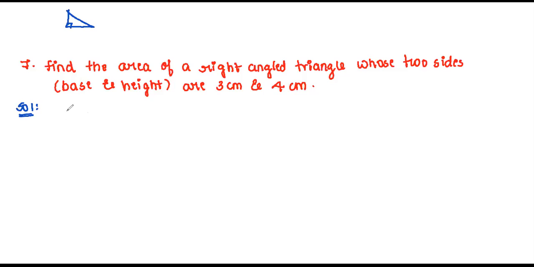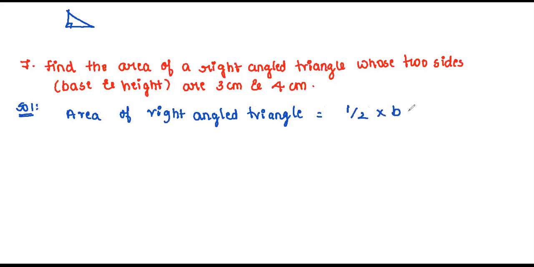To find the area, we have a formula for this also. Area of a right angled triangle is equal to half into B, that is the base, into H, that is the height. Since these are the first problems, I'm writing the full form.